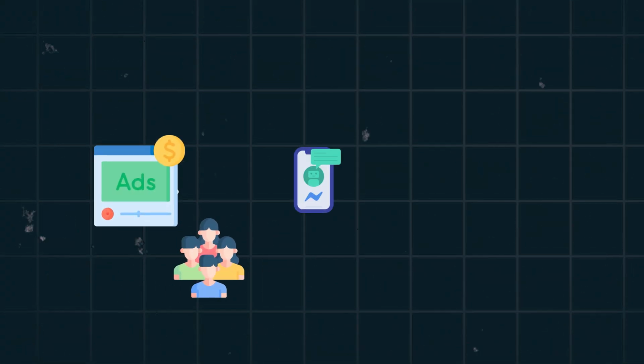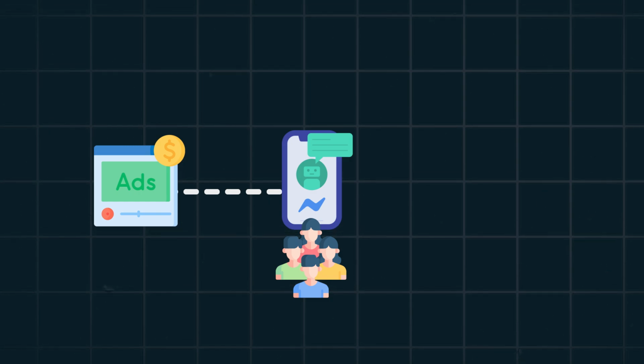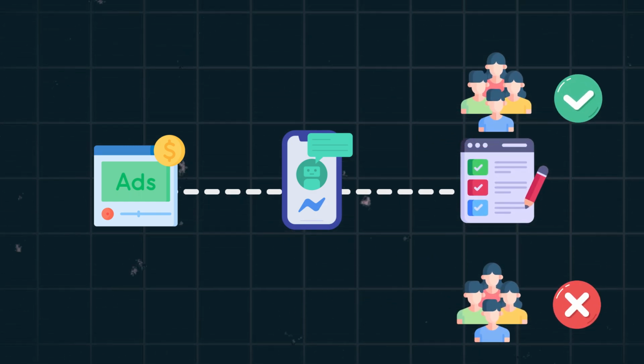So to look at an aerial view of the customer journey so far, we have someone clicking on your ad, being taken to Facebook Messenger where they're given the menu of options to choose from that you set up in Ads Manager, and they're either filling out the lead form on your landing page linked there or not.